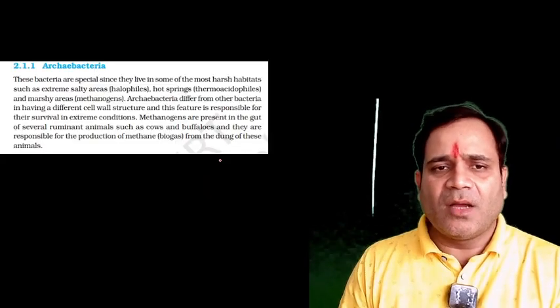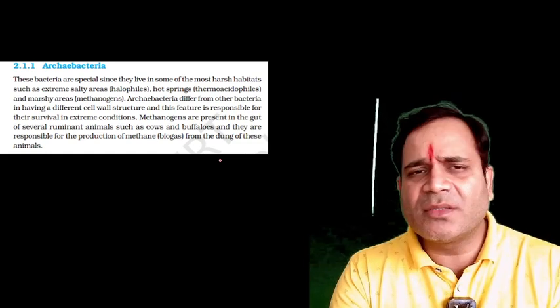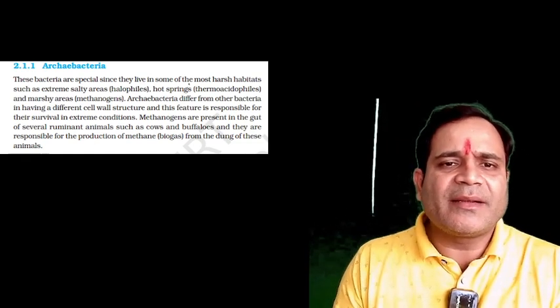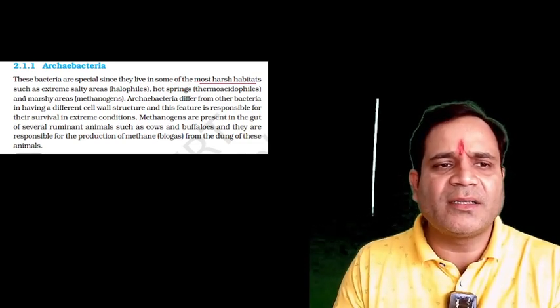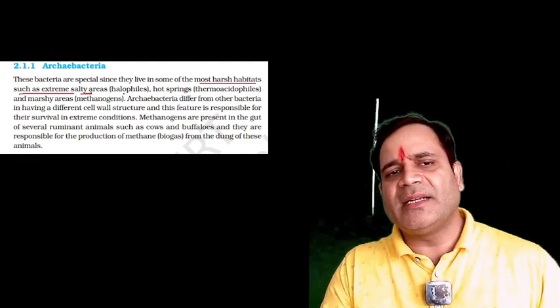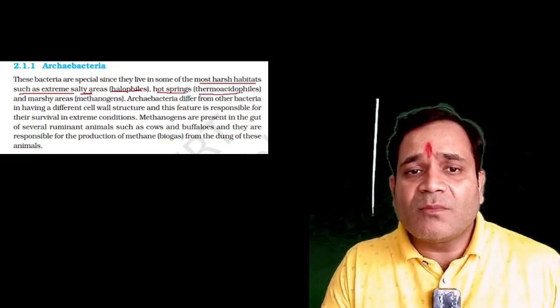Okay. Now see what is given about archaebacteria. There are some points given in NCERT. Archaebacteria are mainly found in harsh habitats, such as extremely salty areas. Those present in extremely salty areas are halophiles. If they are found in hot springs, they are known as thermoacidophiles.